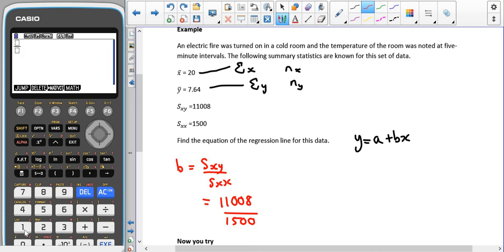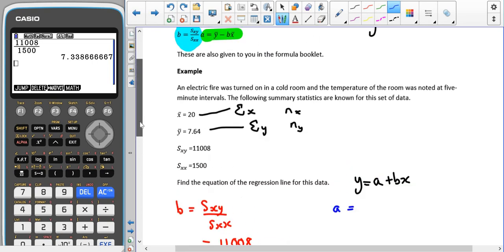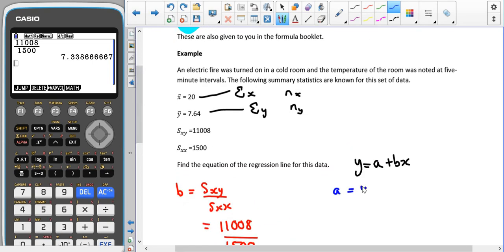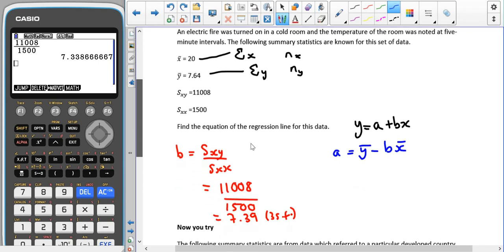Popping that in our calculator, 11,008 divided by 1,500 gives us 7.39 to 3 significant figures. However, when I'm using it in my formula to find a, which is y bar minus b x bar, I am going to use the fraction because then I'm not going to have a rounding error.